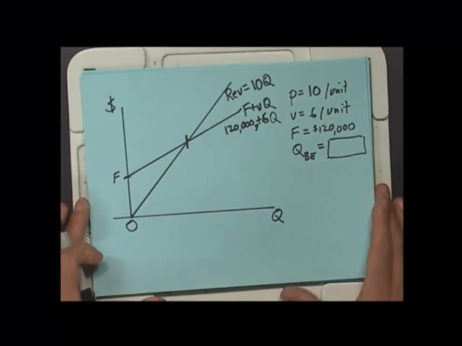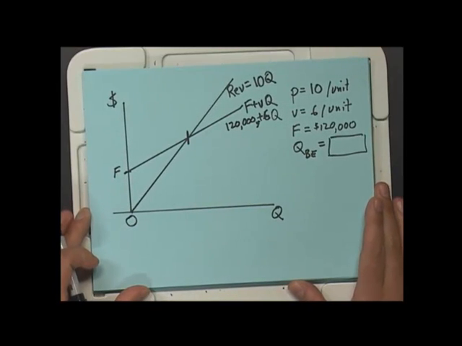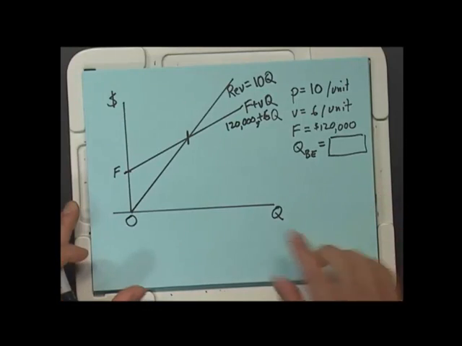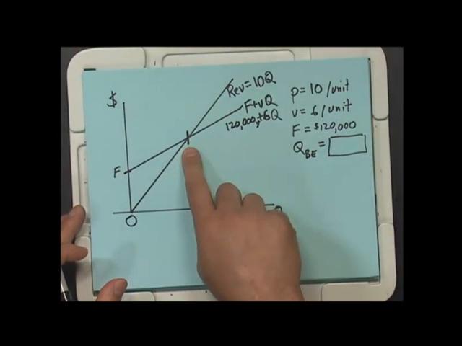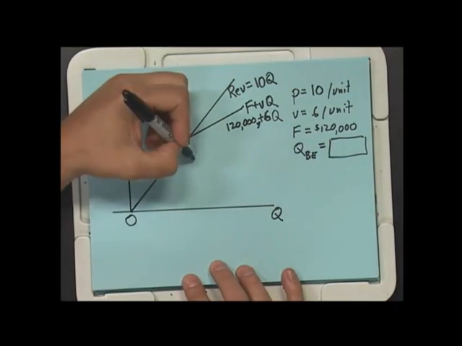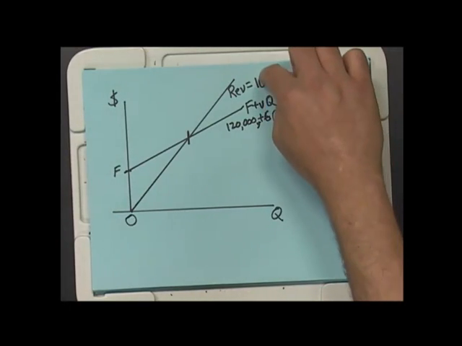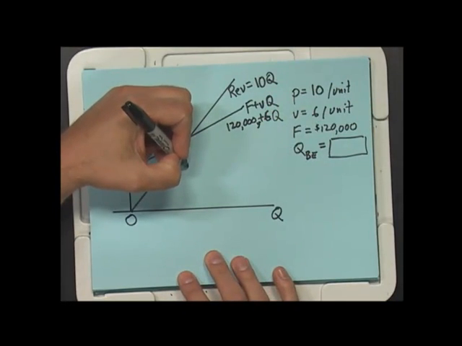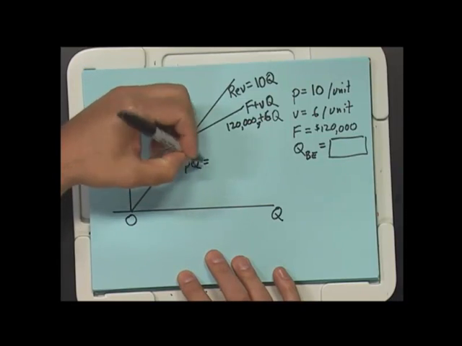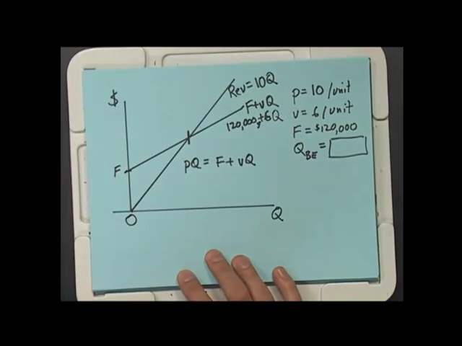Okay, and so the first thing that we can do when we calculate our break-even is a little bit of algebra. We're looking for the point at which this line equals this line, which means PQ equals F plus VQ.